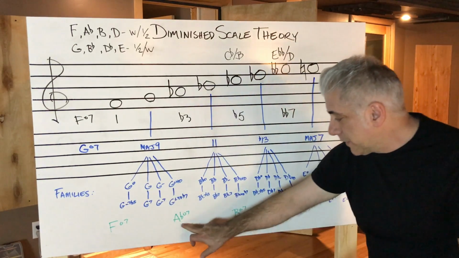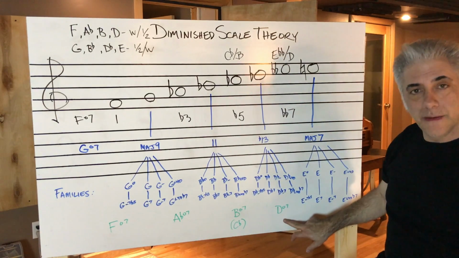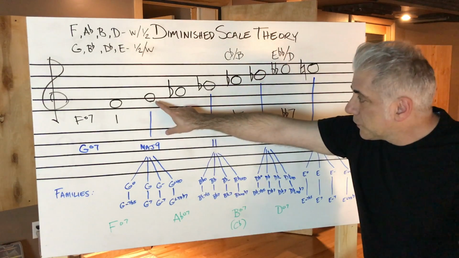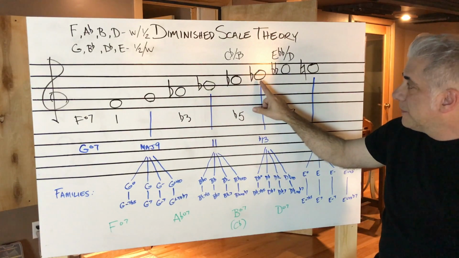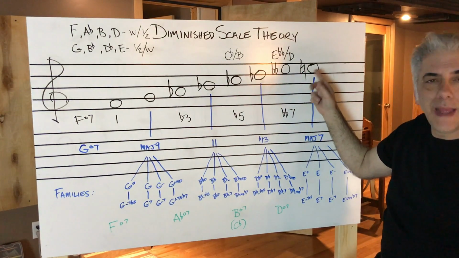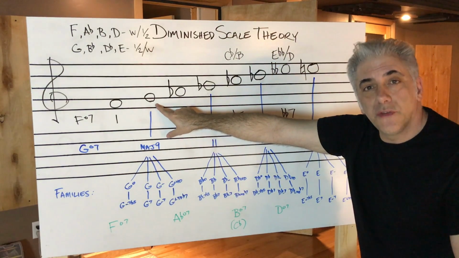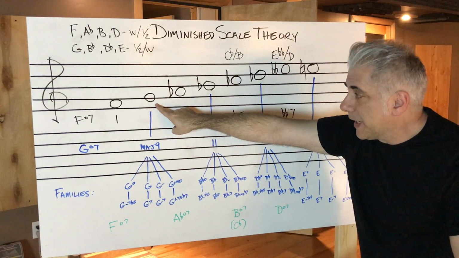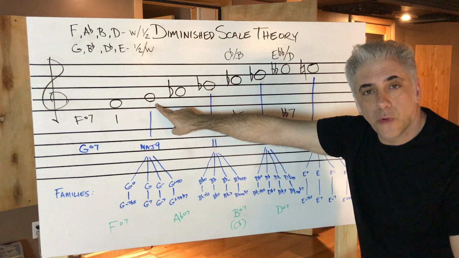These are all a minor third apart: F to A flat to B to D. Okay? These notes are all a minor third apart: G, B flat, D flat, E natural. Okay? Or F flat if you want to call it that. And off the second scale degree of this diminished scale, F diminished scale, we have a G diminished seventh chord.